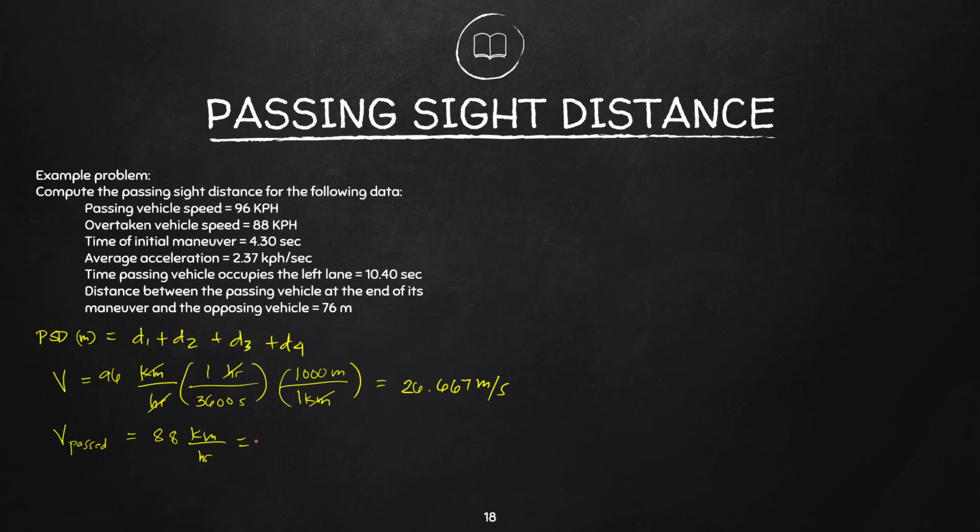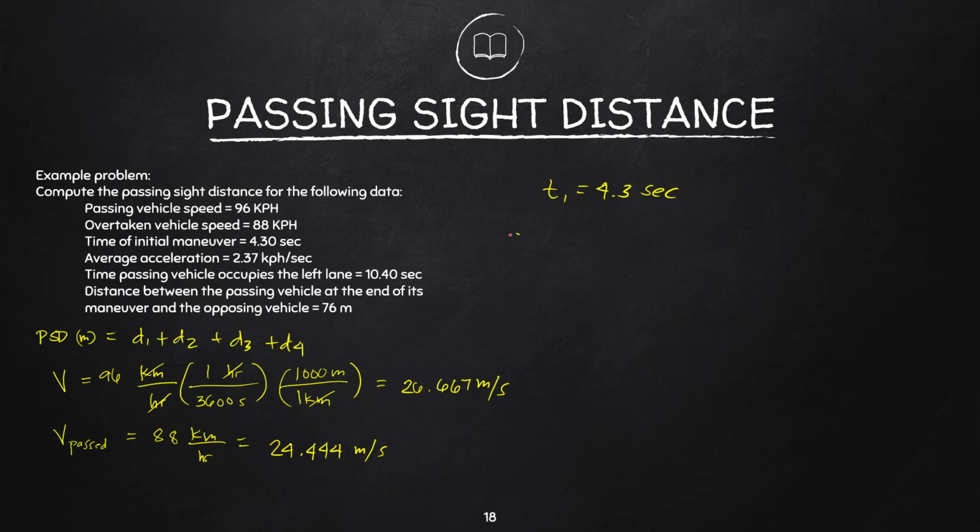To convert this into meters per second, this will be equal to 24.44 meters per second. Time of initial maneuver, this is equal to T sub 1. This is equal to 4.3 seconds.